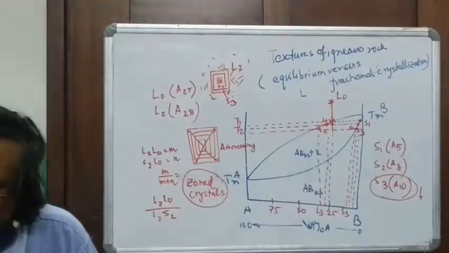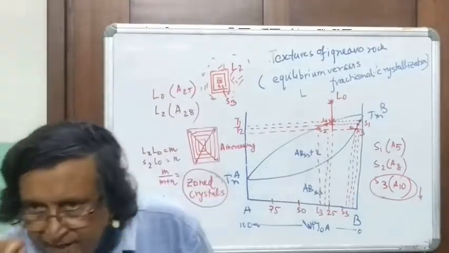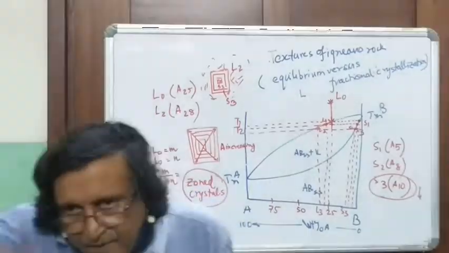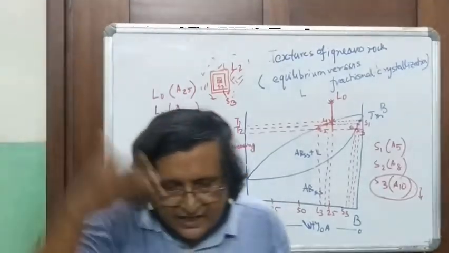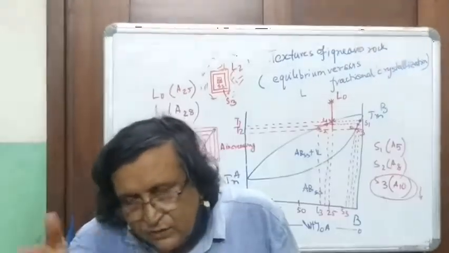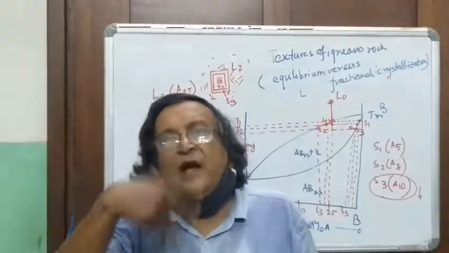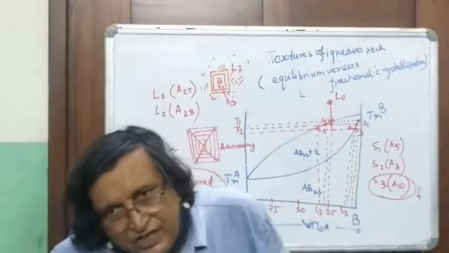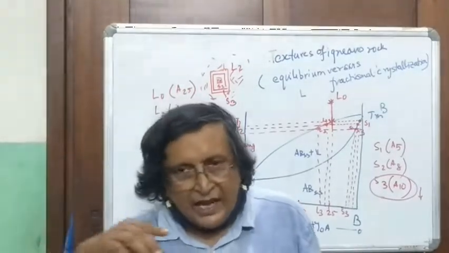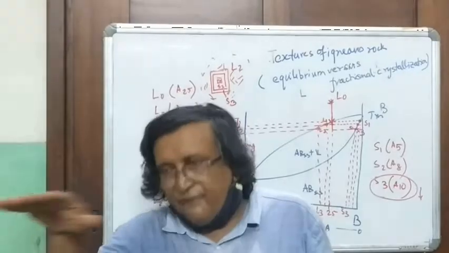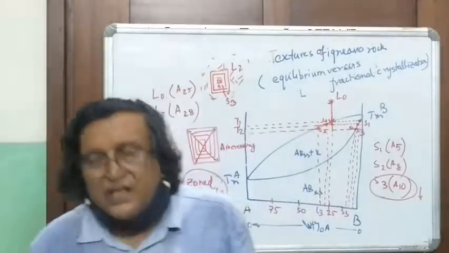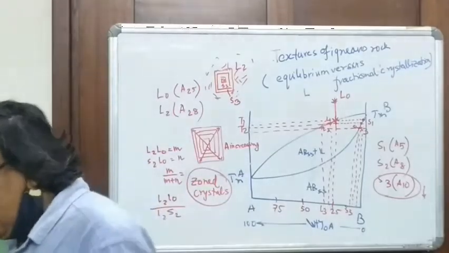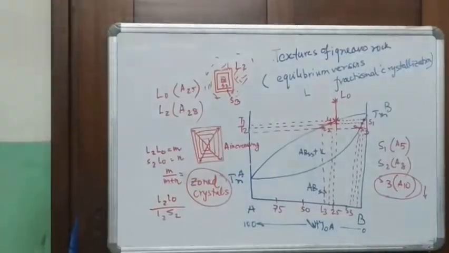Chemically zoned crystals are formed where equilibrium crystallization is interrupted at different stages because of crystal fractionation, where a crystal is not allowed to interact with the melt. That is why zoning is done. But when the equilibrium crystallization is continuous and there is no interruption of that equilibrium system, then the chances are that you will have chemically homogeneous crystals.